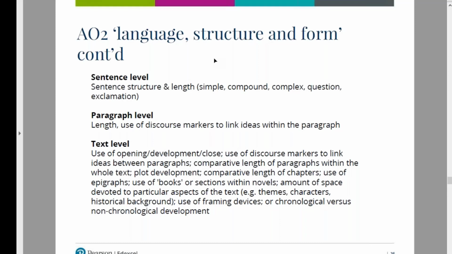And then at text level, I've put a whole range of things. When you're looking at the whole text, we can look at things like the different length of chapters, how much space a writer uses to talk about particular ideas, the use of framing devices, something like the use of letters in a novel, or whether the narrative structure is chronological or non-chronological, foregrounding, that kind of thing.